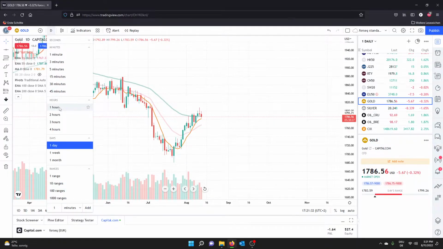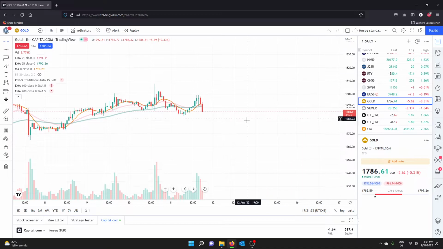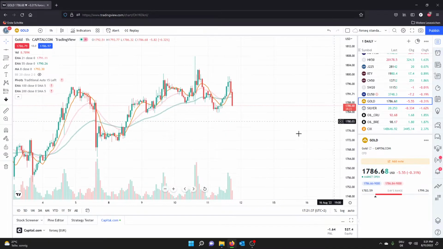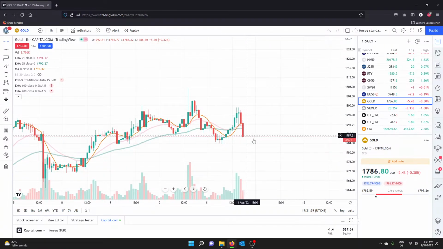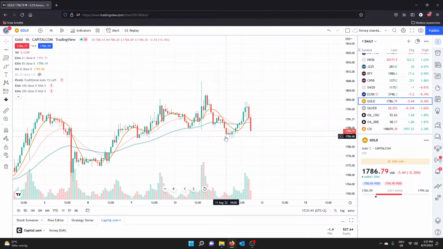Maybe we can look at the hour. I would wait for the price to break this level, correct back, and then we can make a short trade, or we wait for the price to go back up here and then make a short trade, putting our stop loss somewhere here.